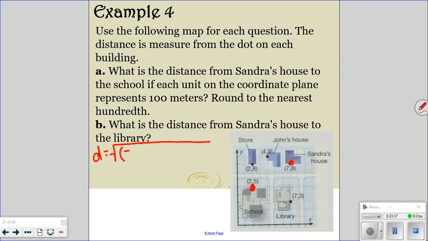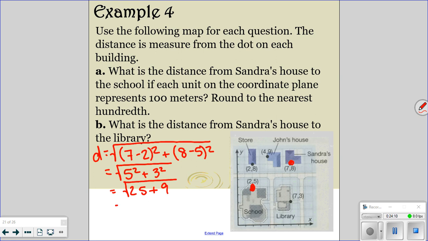So our x values are 7 and 2, so 7 minus 2 squared, and our y values are 8 and 5, so 8 minus 5 squared. 7 minus 2 is 5, and 8 minus 5 is 3. So 5 squared is 25. And 3 squared is 9. And then 25 plus 9 is 34.